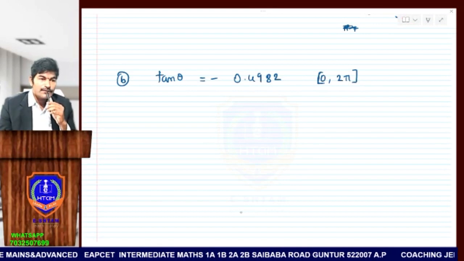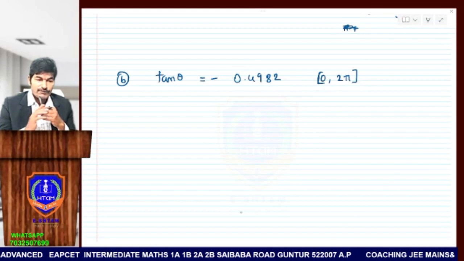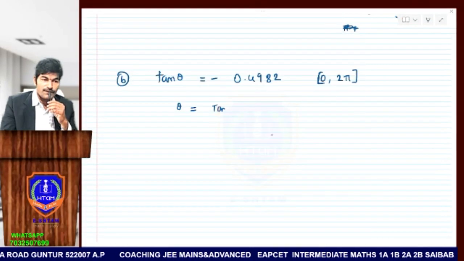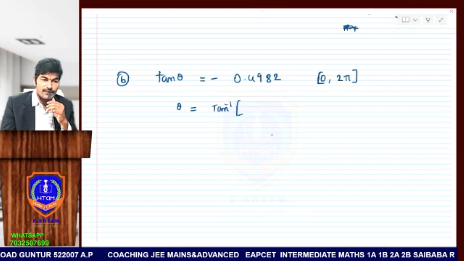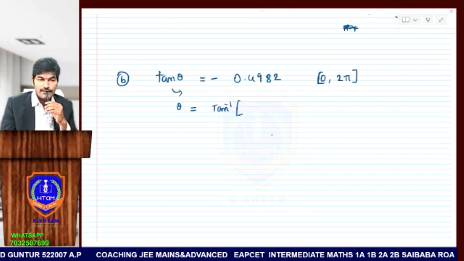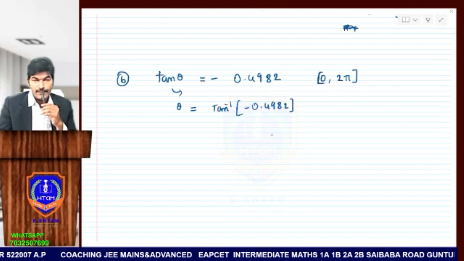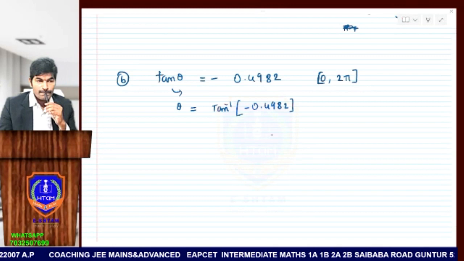Now, which value does 0.4982 belong to? We will find that using the scientific calculator. Tan inverse: I just move this tan to the other hand side, minus 0.4982. Understood this pattern? I just moved that.